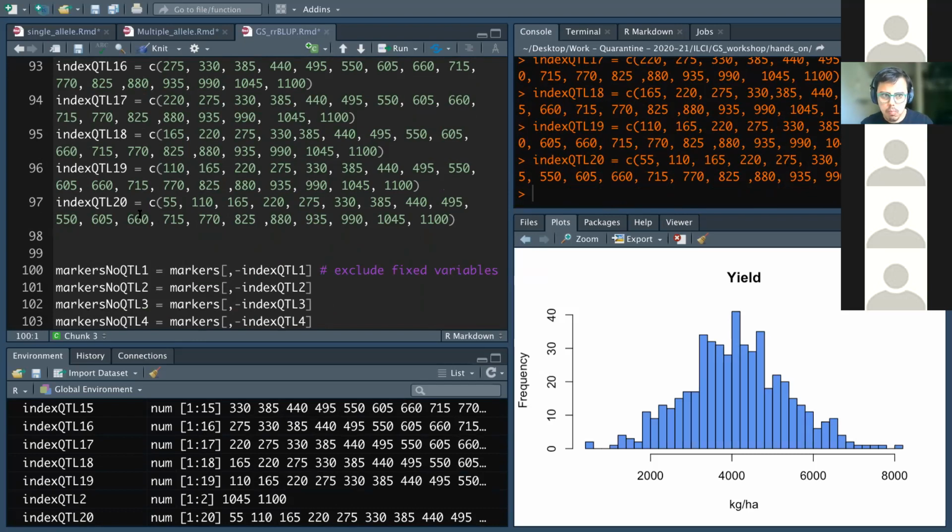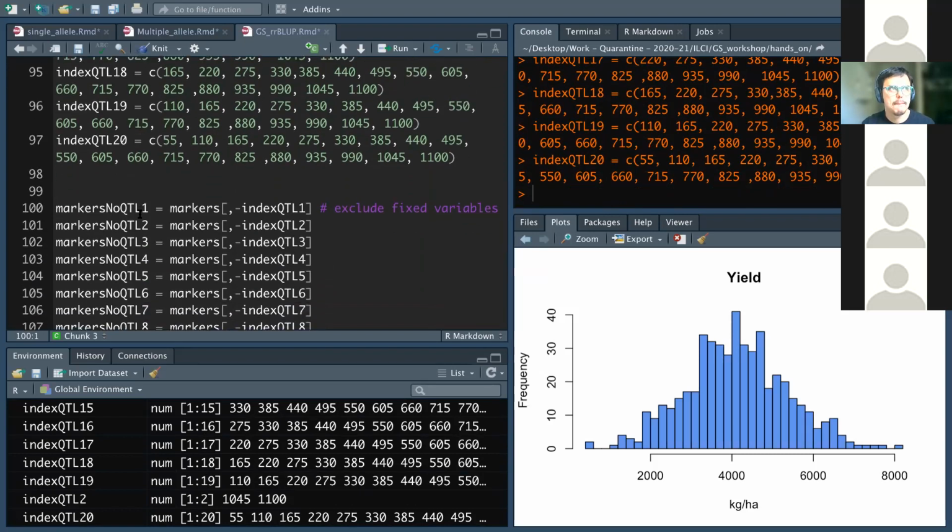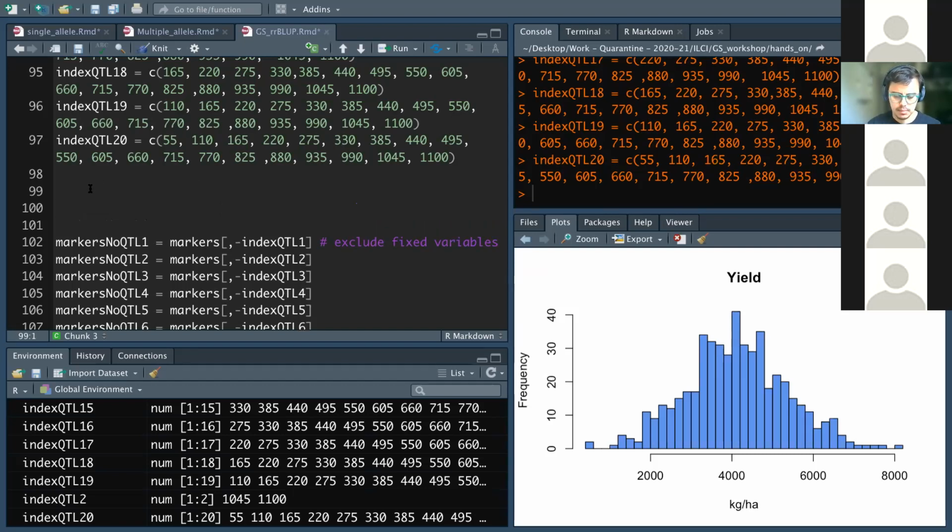How does the chromosome and the physical position appear in the different positions you have given on the indexes? Like if each QTL is on a particular chromosome and on a position on that chromosome, how do I get that information here for the model to be able to find the exact QTL I'm referring to?